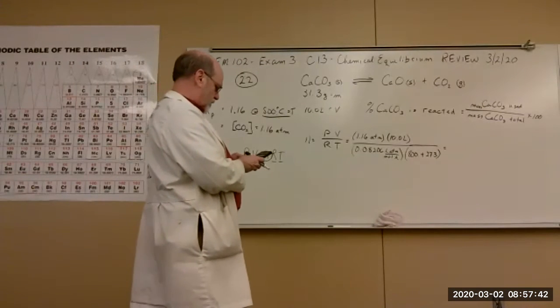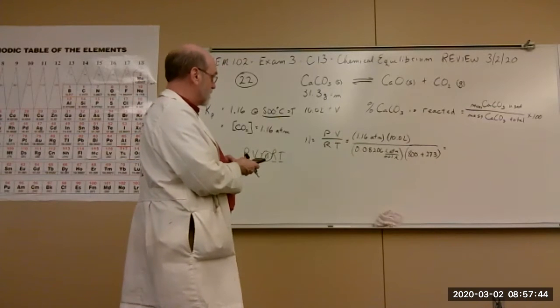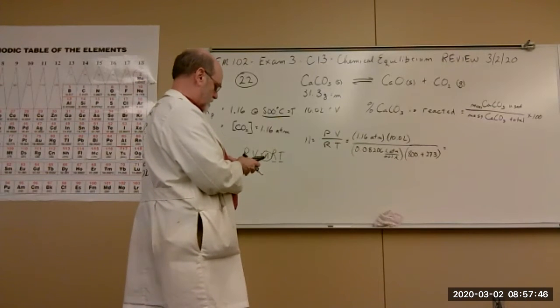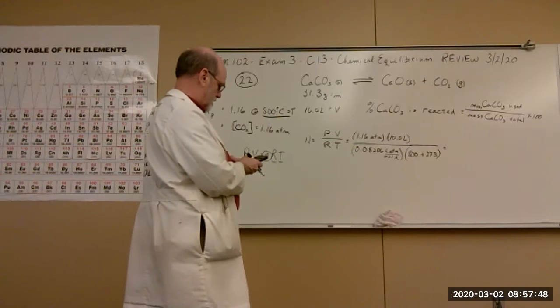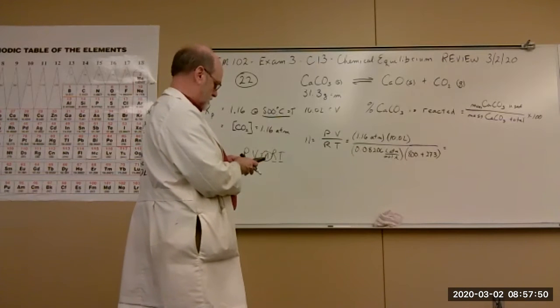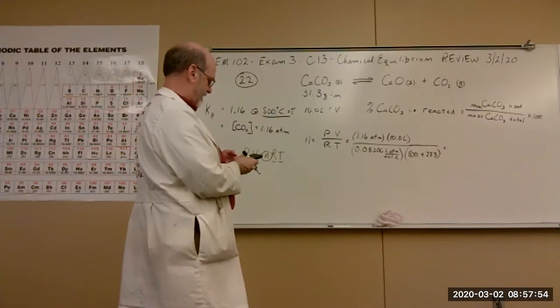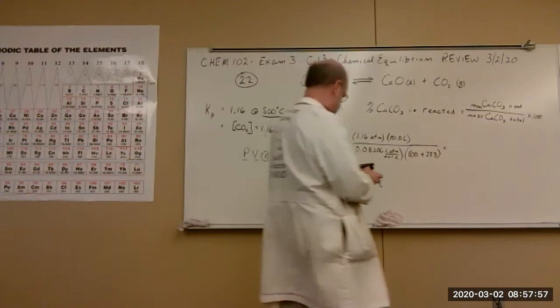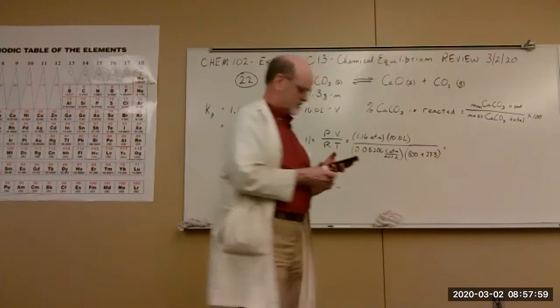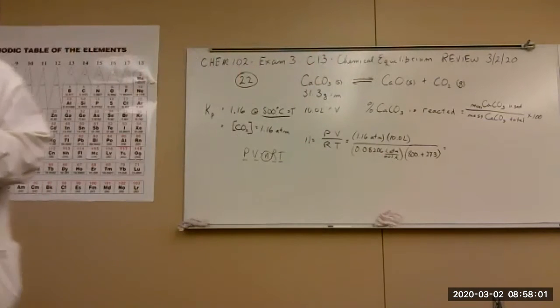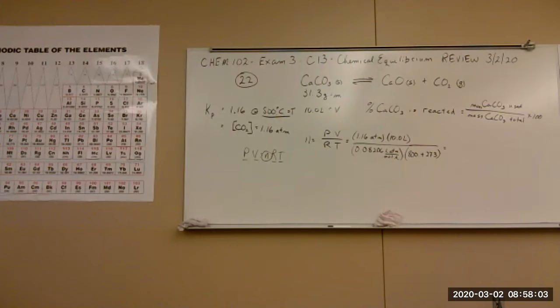So let's see, 1.16, 10, 0.08206, 800. Small number. Yeah, I think I did it wrong.